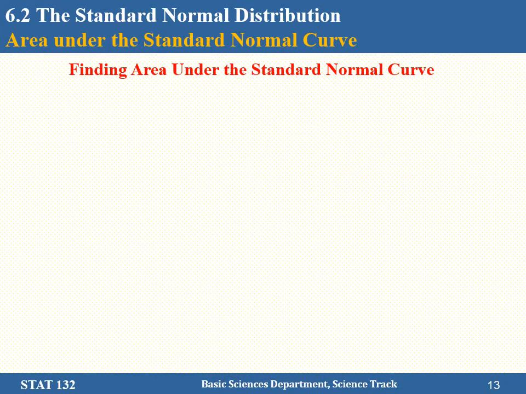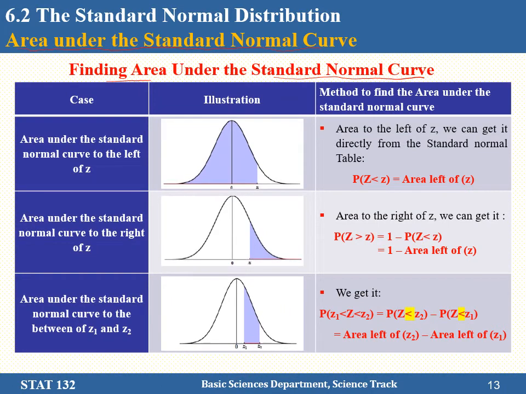Okay, before using the standard table, let's understand the notation for the areas. We will look at the different cases in finding the area under the standard normal curve, and which notations mean which area. Since we are using the standard normal distribution, we are dealing with z here.